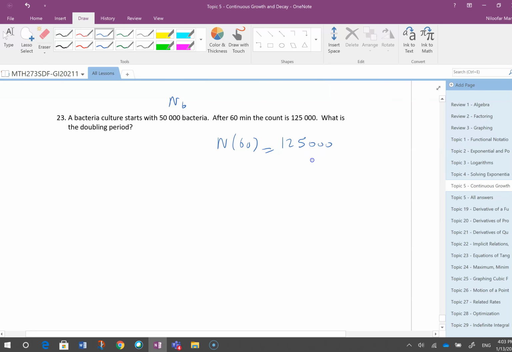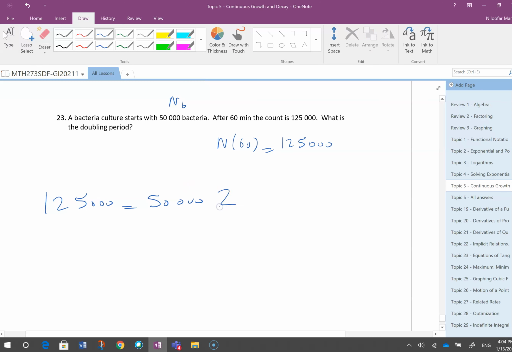Which formula do you use? 125,000 equals 50,000 times 2 power or e power? 2 power, because it's talking about doubling period.